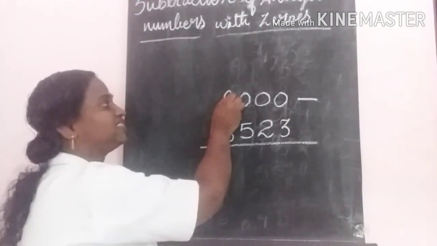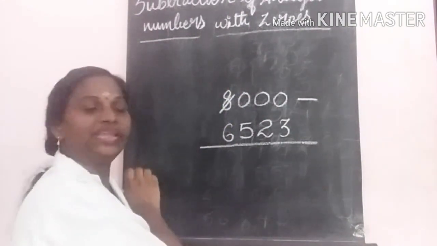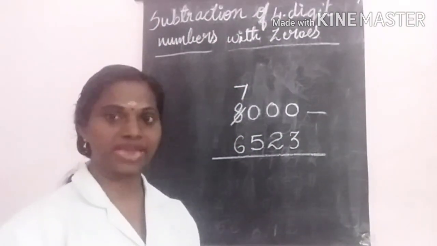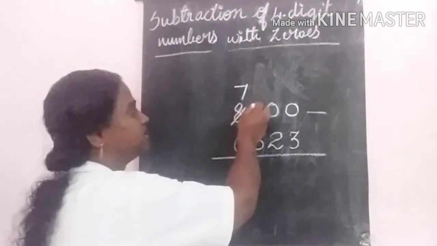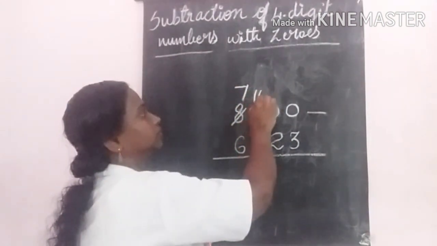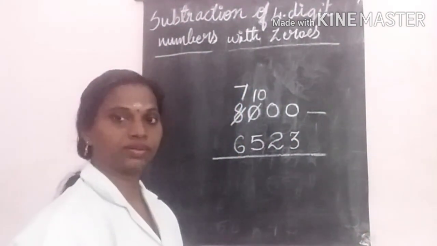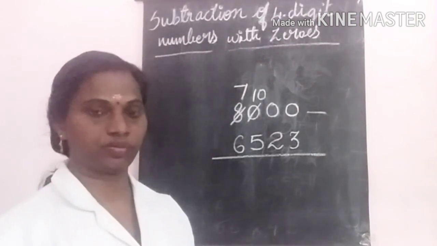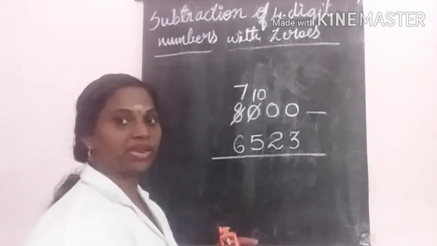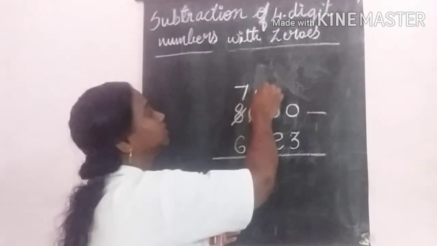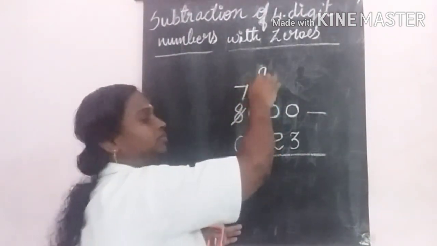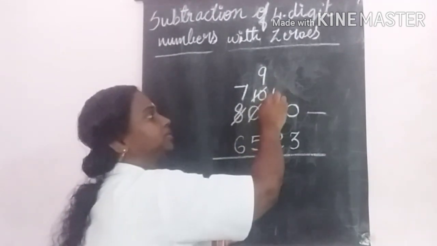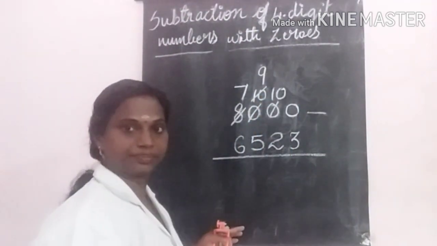Then the 8 is reduced by 1 and it becomes 7, and 0 increased as 10. Clear? Then we can regroup the 10 hundreds. So this 10 will be 9. Then this will be 10.